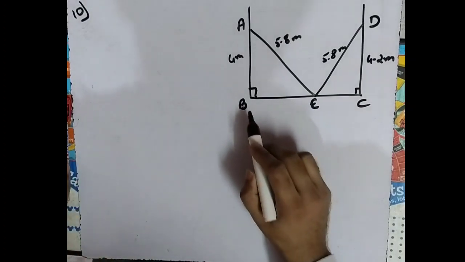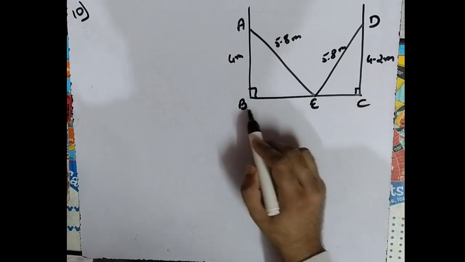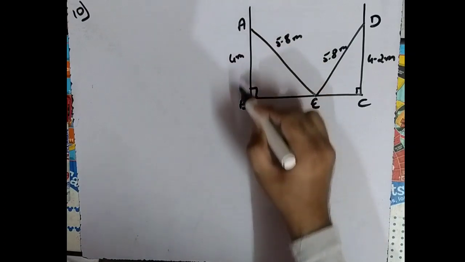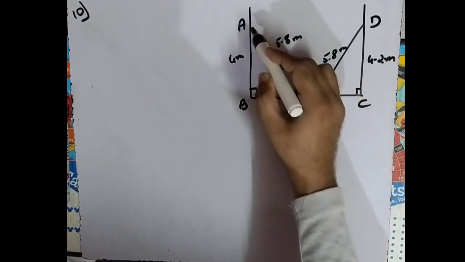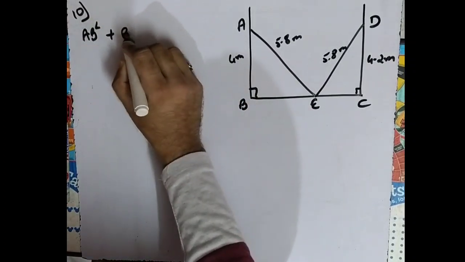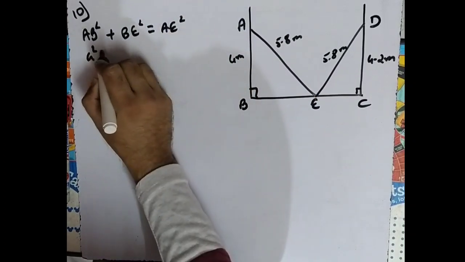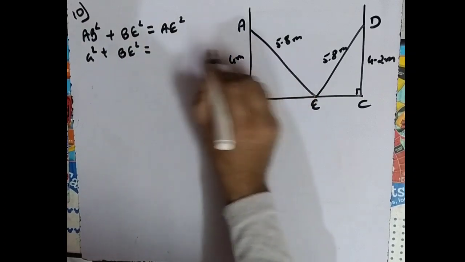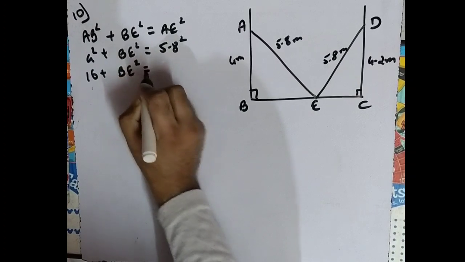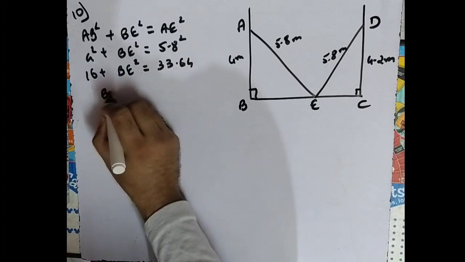So first we'll find out length BE, then we'll find out length EC, then add both. BE plus EC will give us BC. First of all, in right angle triangle ABE by Pythagoras theorem, AB square plus BE square is equal to AE square. 4 square plus BE square is equal to 5.8 square. 16 plus BE square is equal to 33.64. 5.8 square is 33.64.